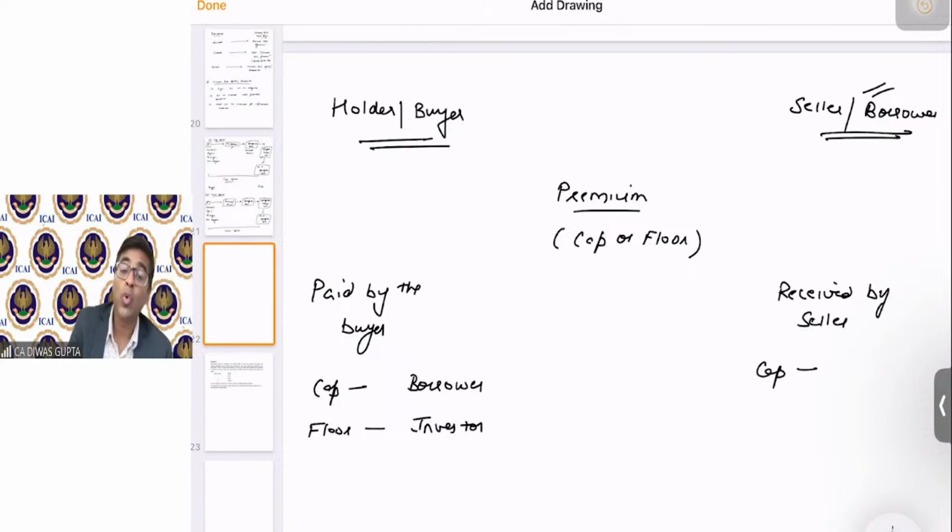In case of cap, who is the seller? The person who wants to invest. And in floor, who will become the seller? The borrower. Okay.